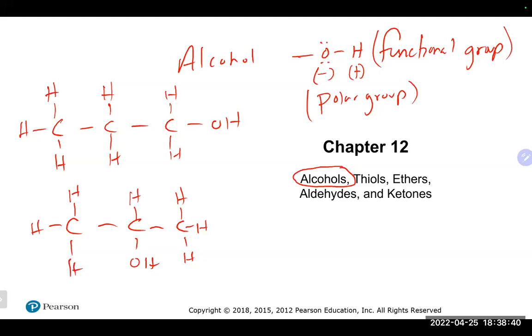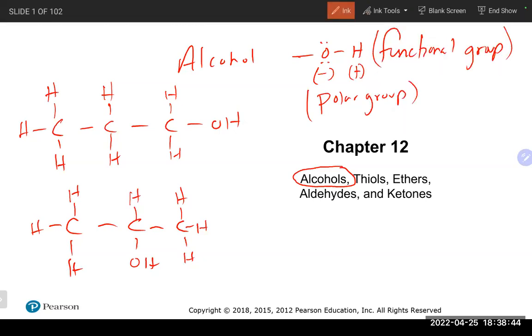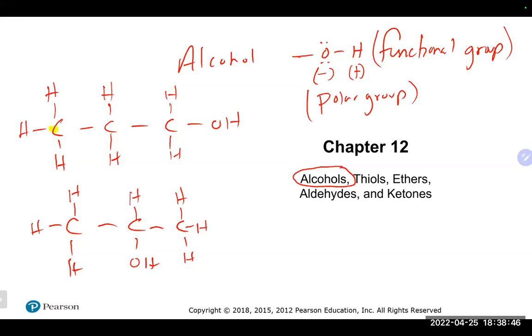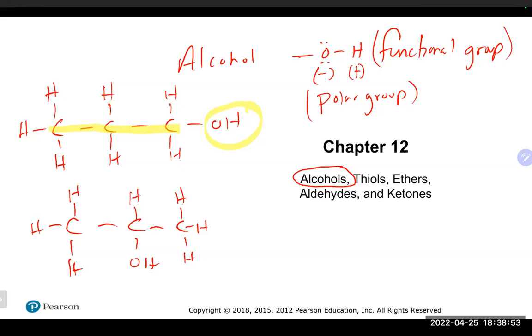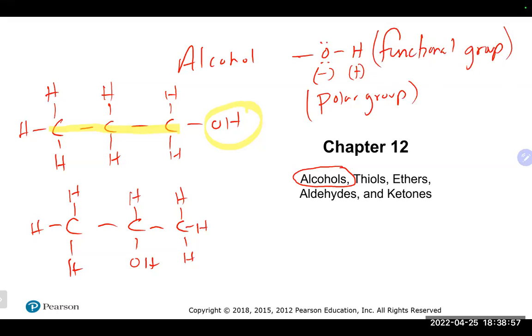The OH groups are in different locations. So if we go to name the top guy, we'd follow our normal rule here, which would be 1, 2, 3 is the longest carbon chain that has the OH group attached to it. So 3 carbons would be based off of propane. So this guy would be propanol.